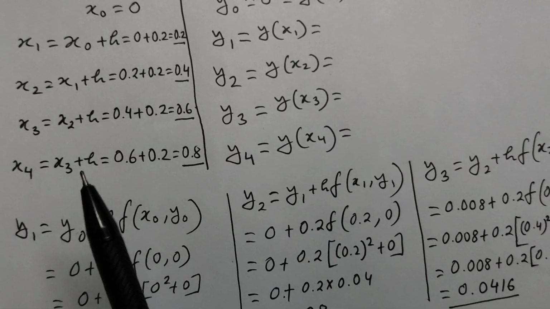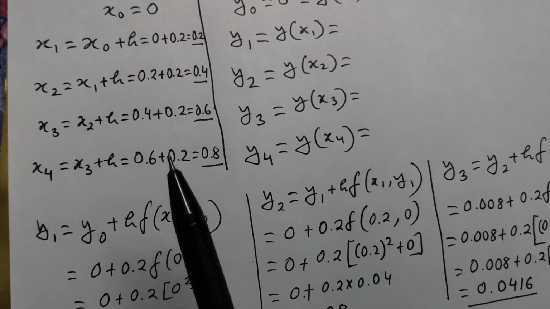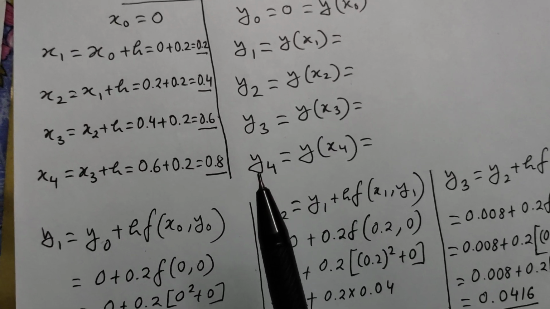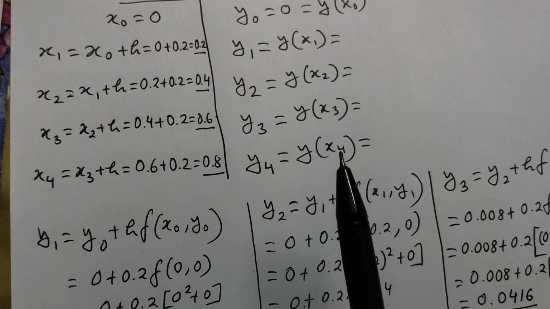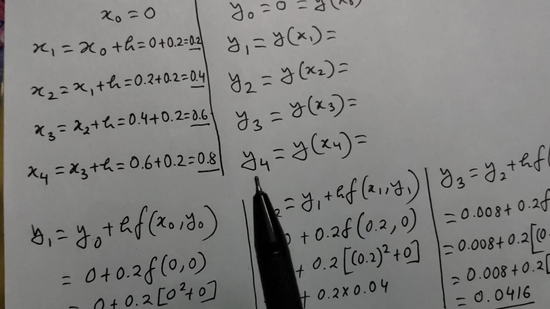Now x4, similarly, x4 equals x3 plus h equals 0.6 plus 0.2 equals 0.8. So for that we will get y4 equals y(x4), which we will get after calculation.